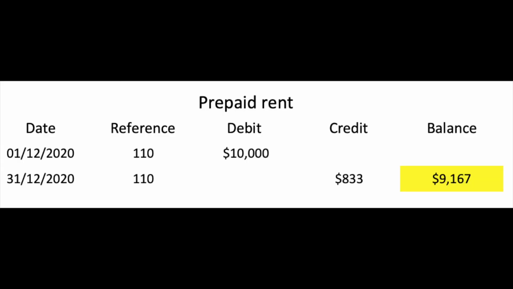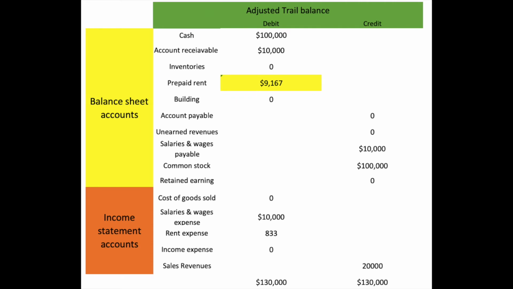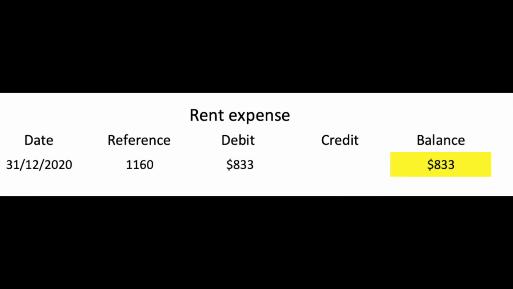Prepaid rent decreases by $833 in account number 110. The adjusted balance is shown in trial balance. 2. $833 of rent expense in account number 1160 is transferred to trial balance.